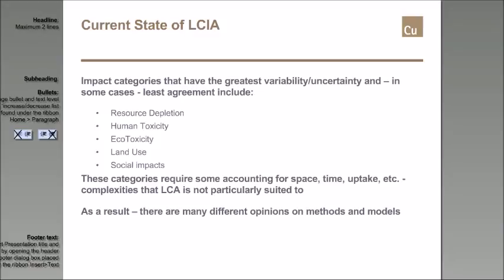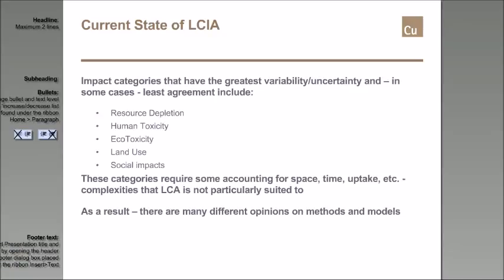Impact categories that have the greatest variability or uncertainty, and in some cases least agreement globally, include resource depletion, of which abiotic depletion potential is a method, human toxicity, ecotoxicity, land use, and social impacts.